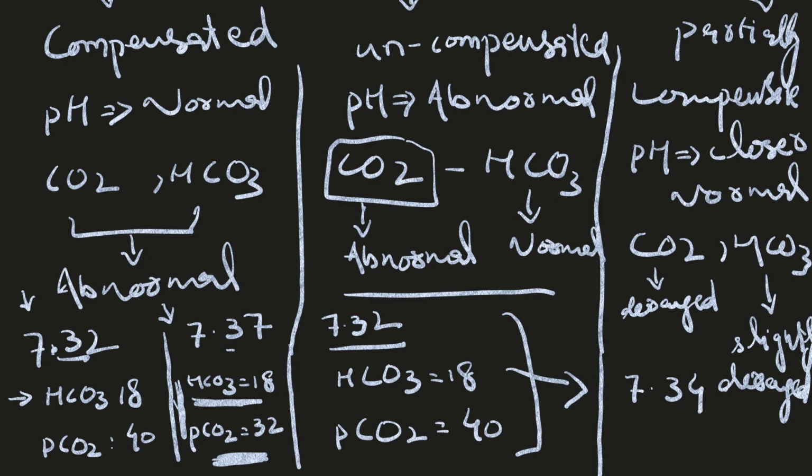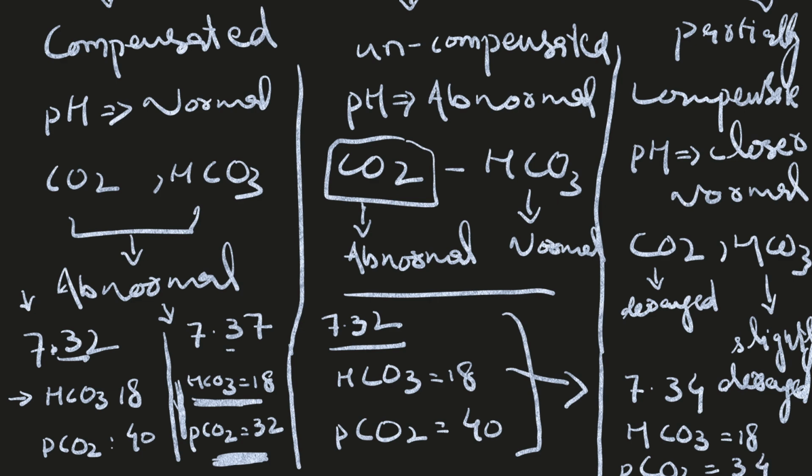It may become 7.34. The bicarb was primarily deranged, so let's keep it at 18. And what will happen to the PCO2 levels? They will be slightly abnormal. For example, they could be like 34.